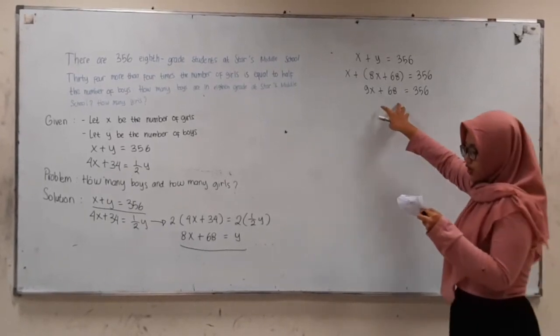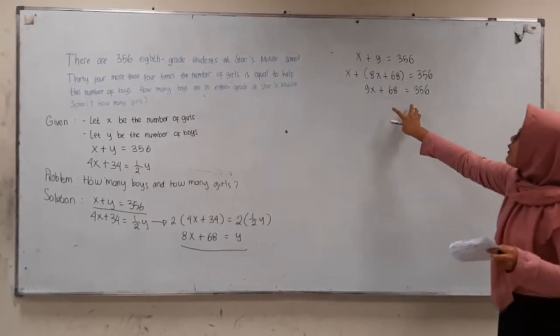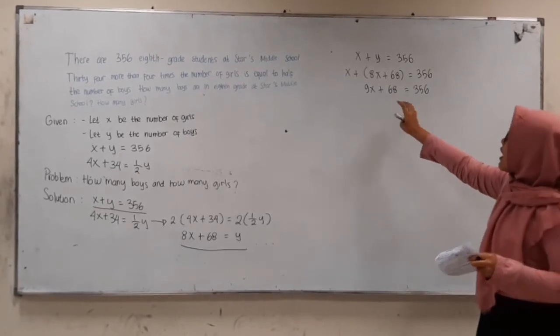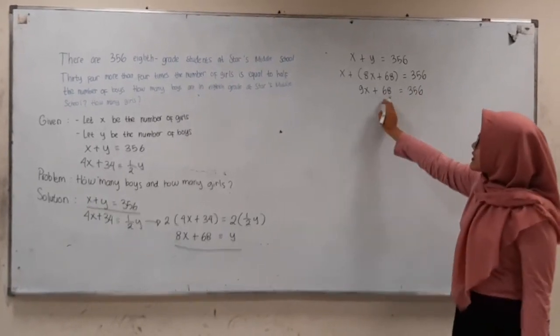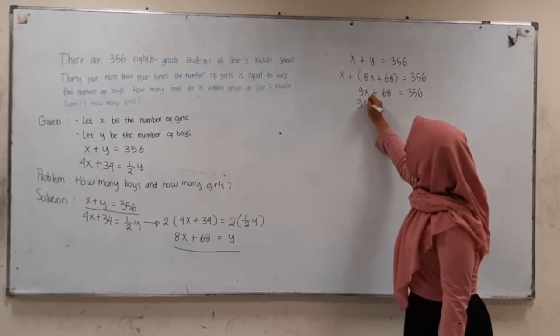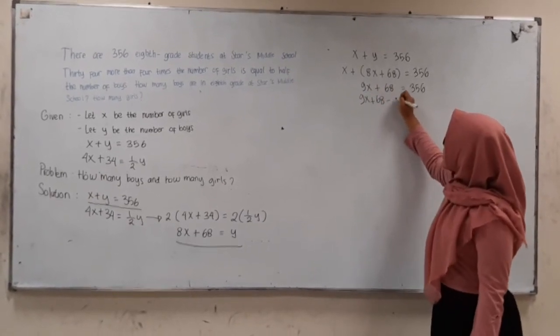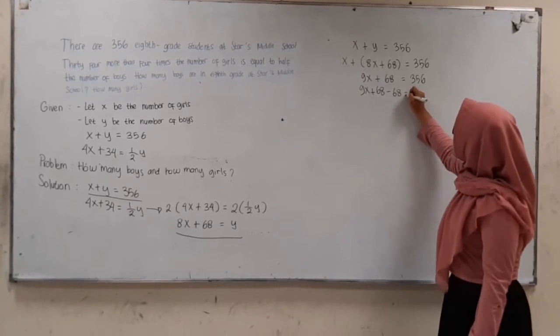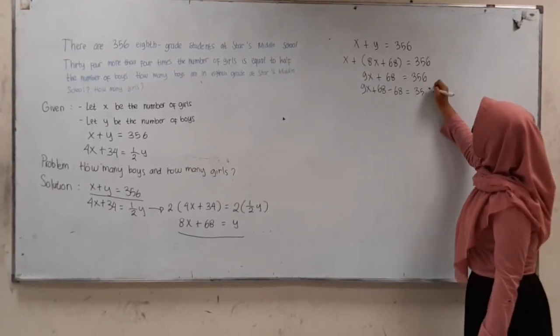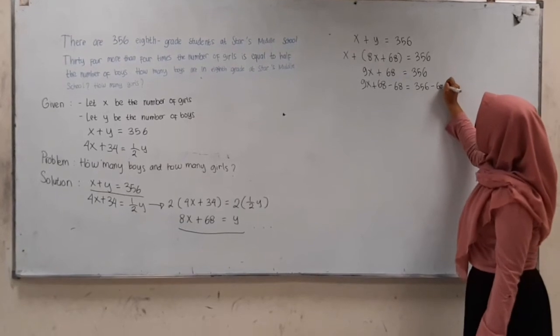Now we subtract both sides by 68. 9x plus 68 minus 68 equals 356 minus 68.